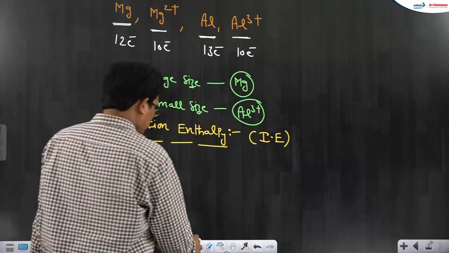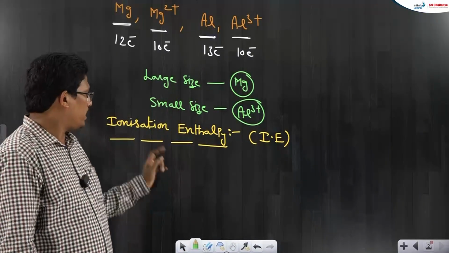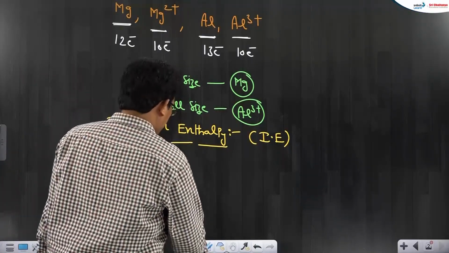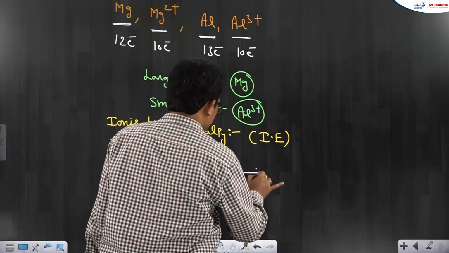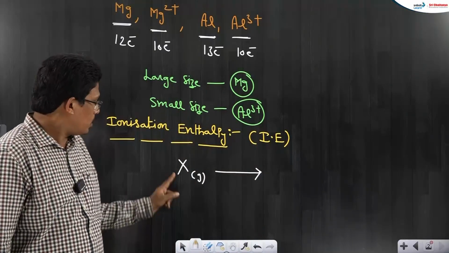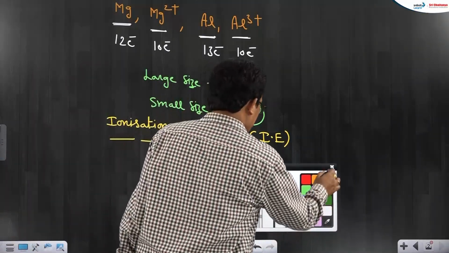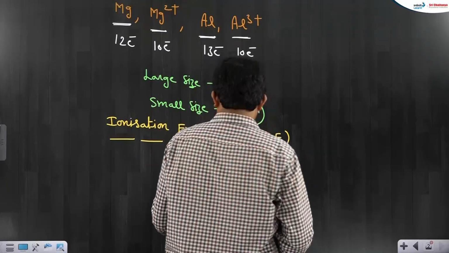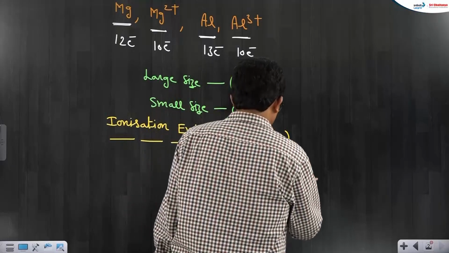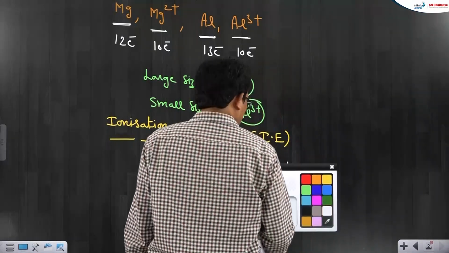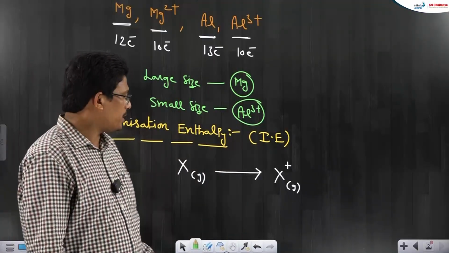You know the definition? The minimum amount of energy required to remove an electron from a neutral gaseous atom like X. The atom is in gaseous state. If some energy is supplied to X, it converts into X+ after losing one electron. The energy required for this process is called ionization energy.